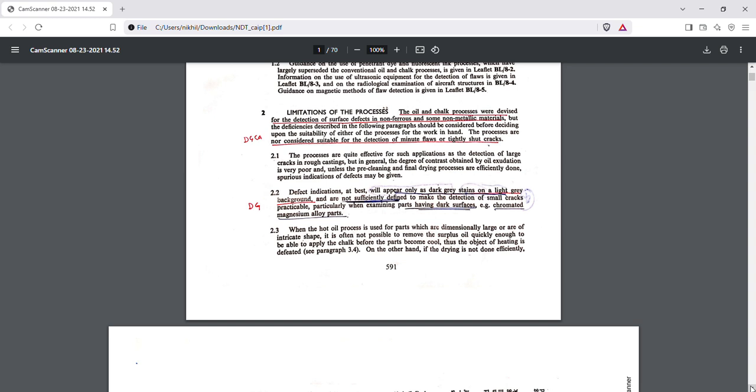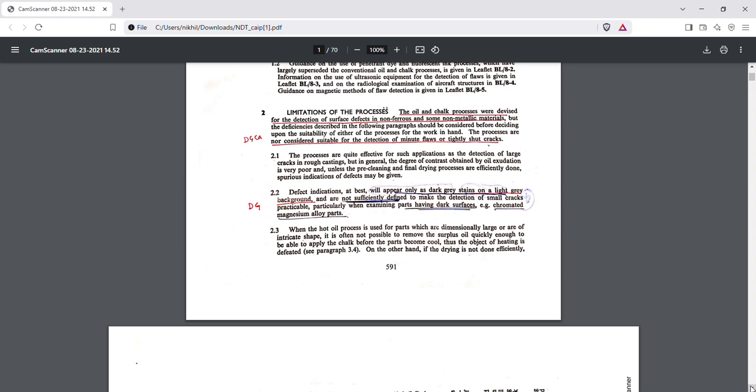The processes are not considered suitable for the detection of minor flaws or tightly closed cracks. 2.1, the processes are quite effective for such applications as the detection of large cracks in rough castings, but in general the degree of contrast obtained by the oil absorption is very poor, and unless the pre-cleaning and the final drying are efficiently done, spurious indication of defects may be given.